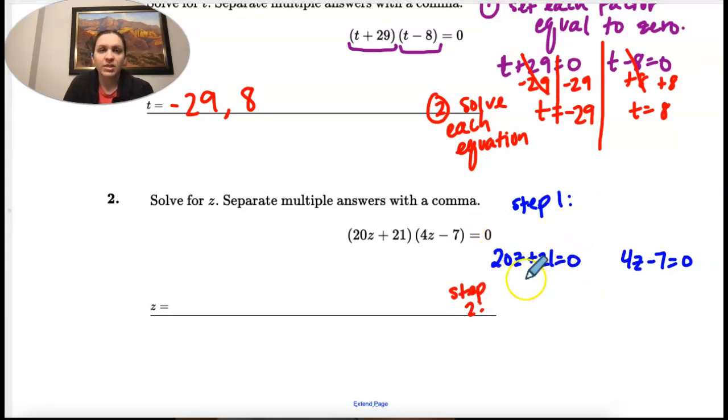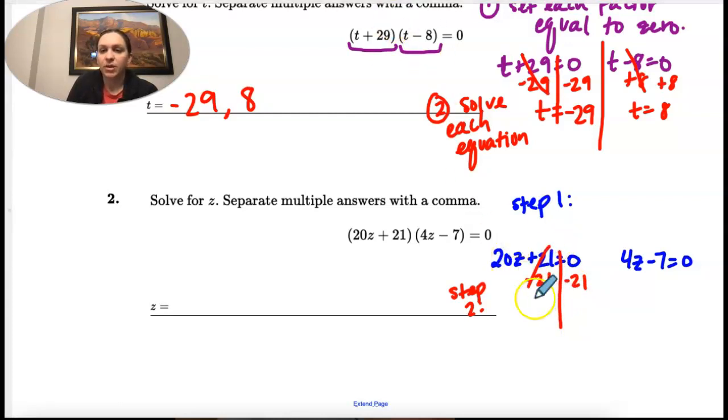So I want to get z by itself. First thing when I solve, I start with the add or subtract. So we're adding 21. The opposite of add is subtract. So I'm going to subtract 21 on both sides of the equation to get a 0.